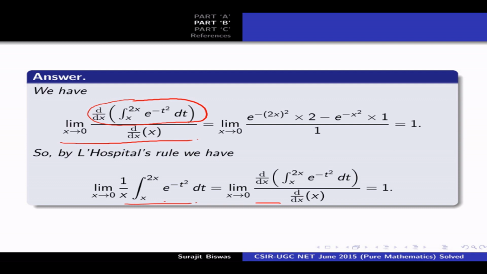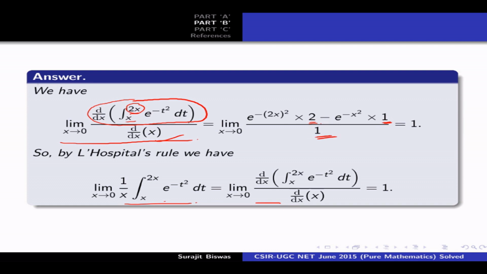So we put the upper limit of the integration, e to the power minus 2x square, and then we need to put here d/dx of 2x, minus e to the power minus x square, the lower limit, times d/dx of x, that would be 1, and here it would be 1.